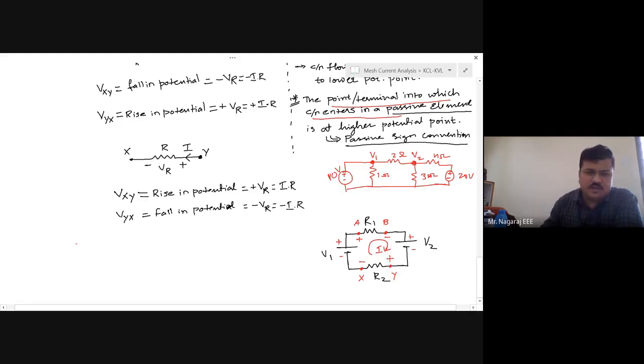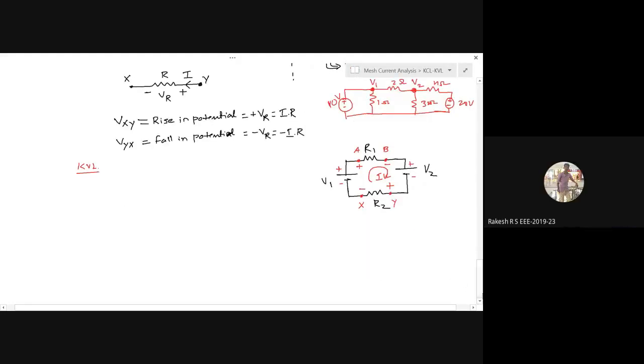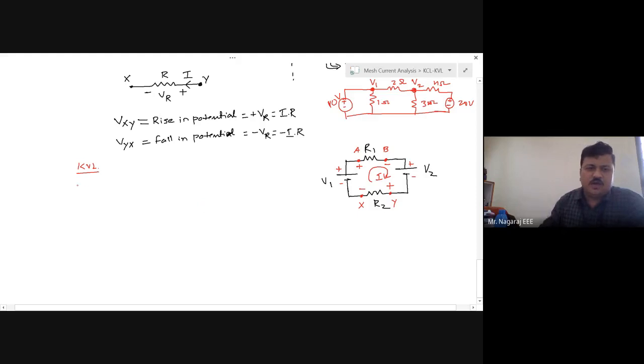So what is KVL? In any closed loop, the algebraic sum of all EMFs and voltage drops is equal to 0. I should go on taking the algebraic sum of EMFs and voltage drops and equate it to 0. While taking the drops and the EMFs, a rise in potential is positive and a fall in potential is negative.